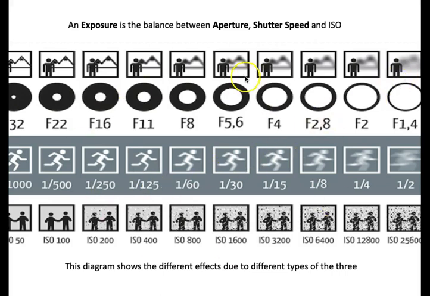This is a good one to keep on hand, so you can always reference what is the actual effect from each of the different aspects of that triangle. Alright, so there it is. ISO, shutter speed, aperture, explained pretty much in detail of what each does and how it affects your photos.